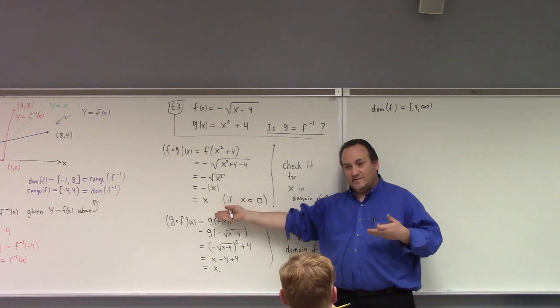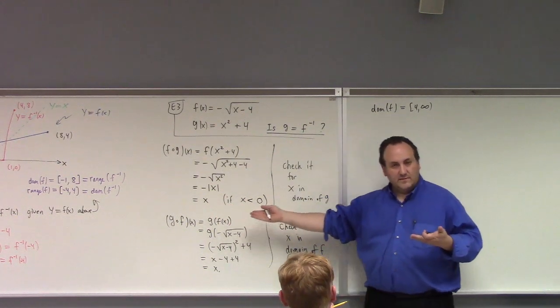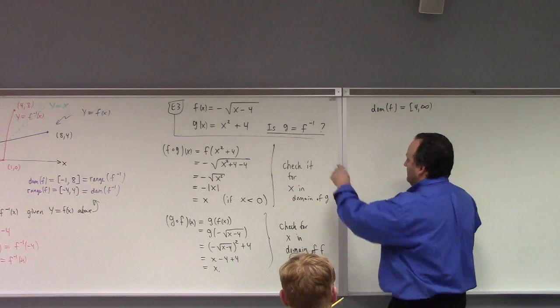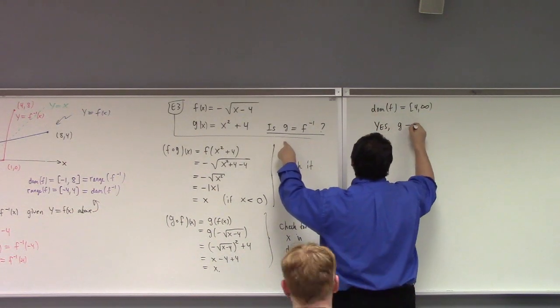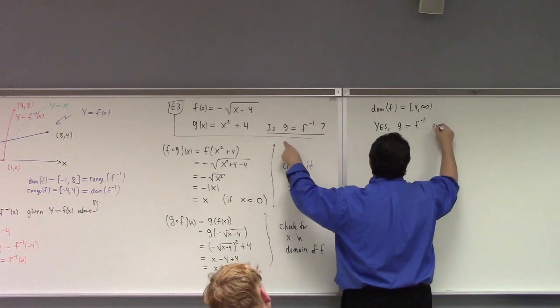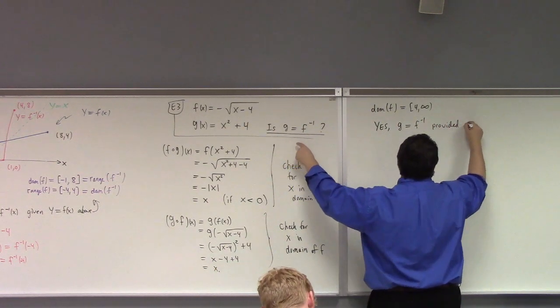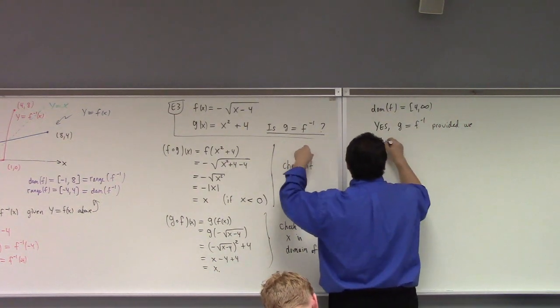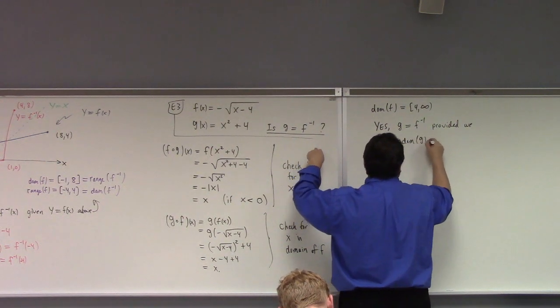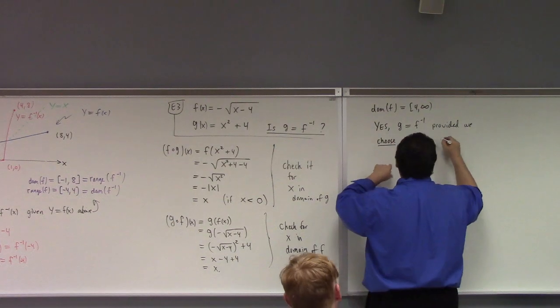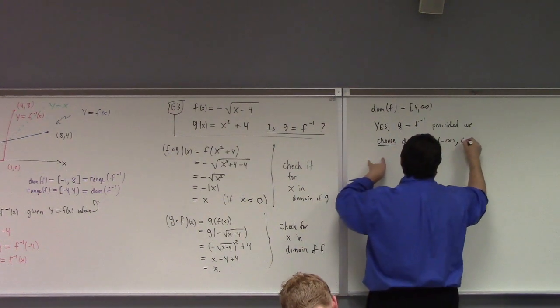I get plus or minus x depending on the sign of x. However, the answer to this question is yes, g is equal to f inverse provided we choose the domain of g equal to minus infinity to 0.